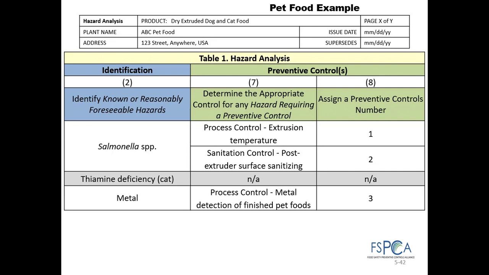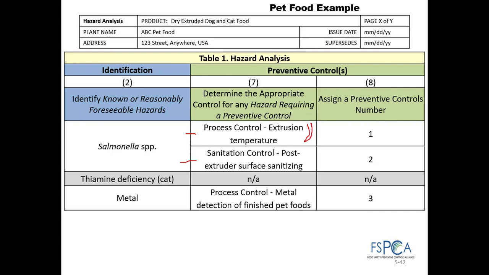All right, the columns 7 and 8, the preventive controls. For salmonella, we're going to do 2 of them. We're going to do extrusion temperature as a process control, and we're going to sanitize our post-extruder surface as a sanitation control. I always like to point out here that this doesn't just say extruder. It says extrusion temperature, okay?